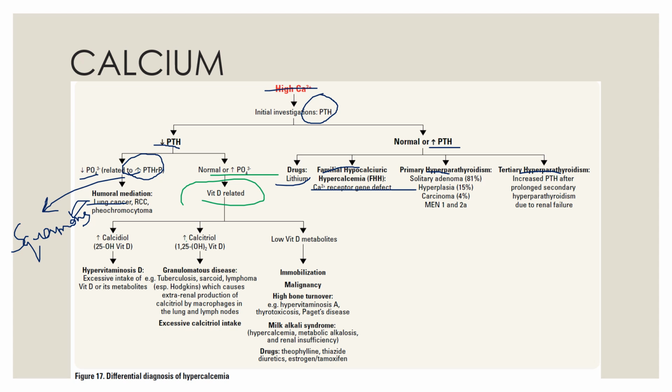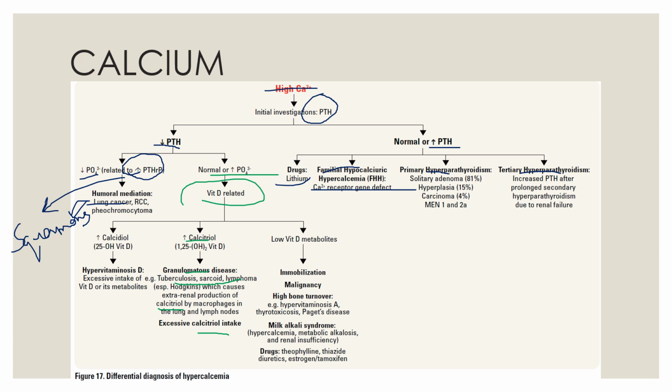If there is a vitamin D increase, then it can be granulomatous diseases like tuberculosis, sarcoid, lymphoma, which cause extrarenal production of calcitriol by macrophages in the lung and lymph nodes, or due to excessive calcitriol intake.